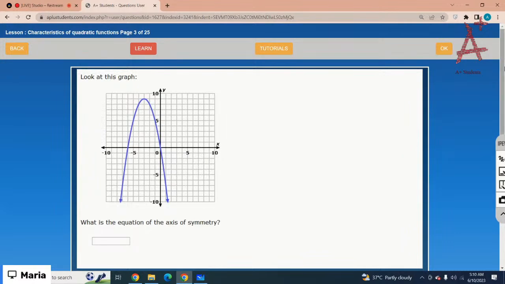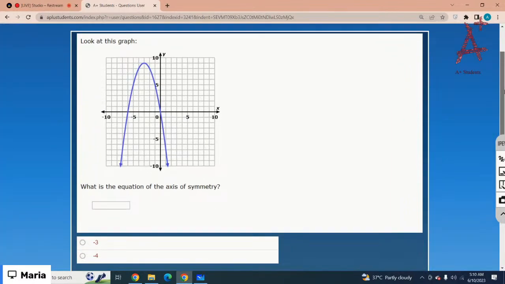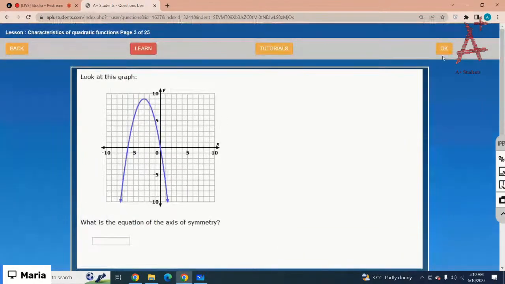The axis of symmetry is the line where, if you divide the graph into two, they look exactly equal. So basically this is the line of symmetry. Let me just draw. This is the line of symmetry. Got it? If you divide the graph into two exactly equal parts, that is the axis of symmetry. So the correct option is -3, the line of axis of symmetry is -3.